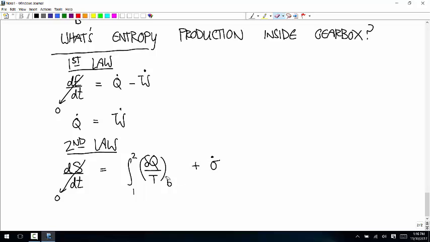What we want to do here is, we can think of this as the sum of all the ways that heat is entering the boundary, just add up all those rates divided by the temperature. I was mixing and matching those two equations.